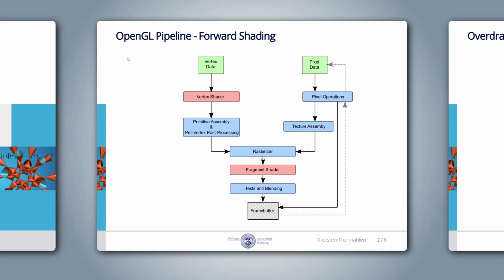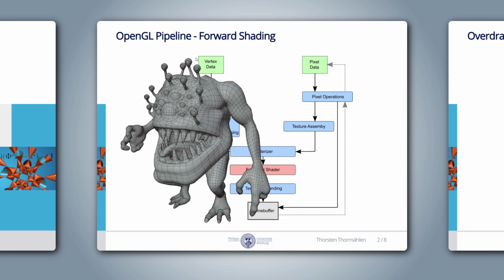Let's take a look at the OpenGL pipeline and talk about the difference between classic forward shading and deferred shading. As we have discussed in previous episodes of Shaders Monthly, classic forward shading works as follows. Input to the OpenGL pipeline are 3D meshes that are represented as a collection of triangles.